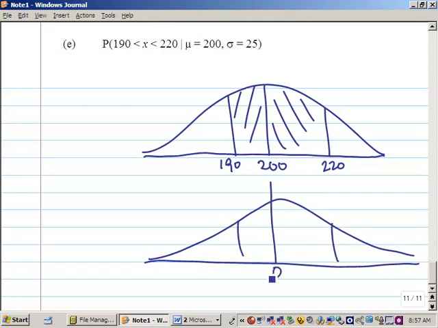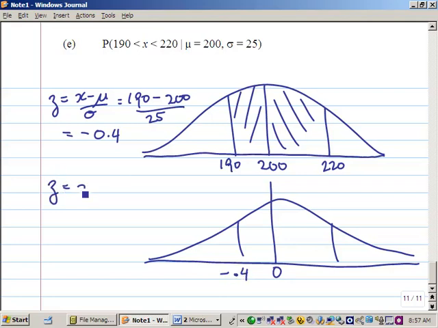Okay, let's do those calculations. So for the first one, again, x minus mu on sigma, 190 for the limit, 200 for the mean, standard deviation 25. Okay, and that works out to be negative 0.4.